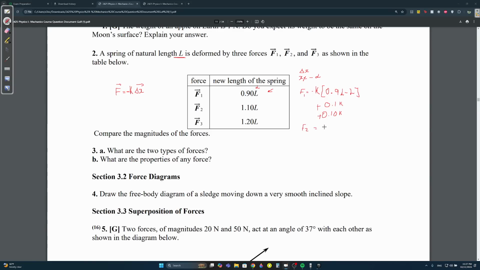F2, again, minus K, 1.1 L minus the initial length L, you get minus 0.1 L, but surely this has to be positive, so it's going to be 0.1 L. F3, minus K, 1.2 L minus L, the initial length, you just get 0.2 L. So this one's stronger than this and this, but these two are equal to each other.